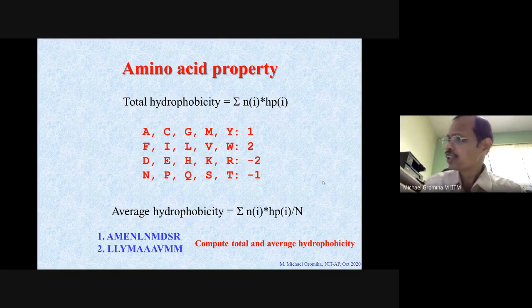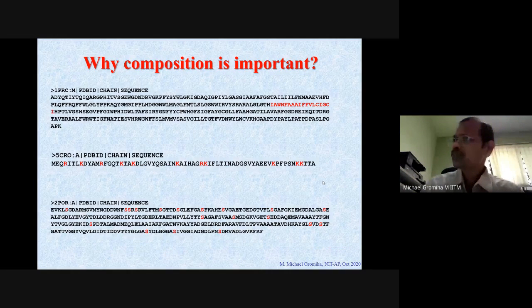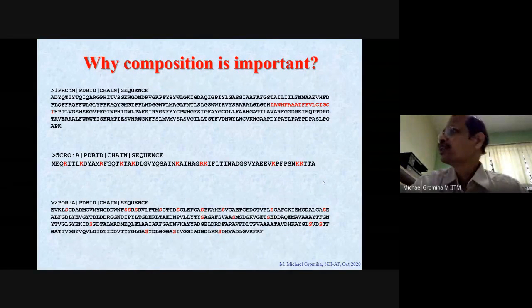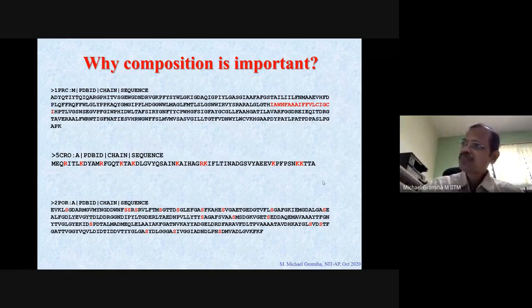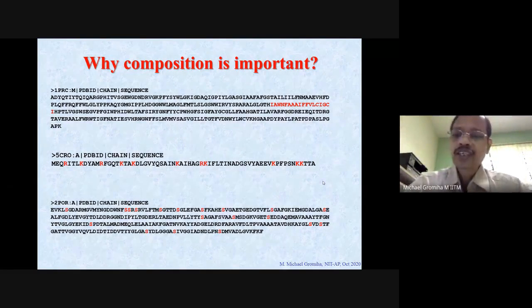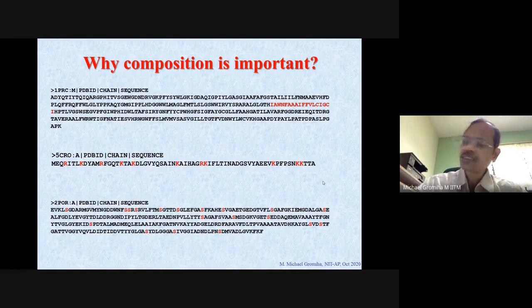Okay, so now the question is, we have 3 sequences. Are you able to see all 3 sequences? We marked some of the residues in red. If you look at these 3 sequences and the marked residues, can we tell something about any specific characteristics of these sequences?